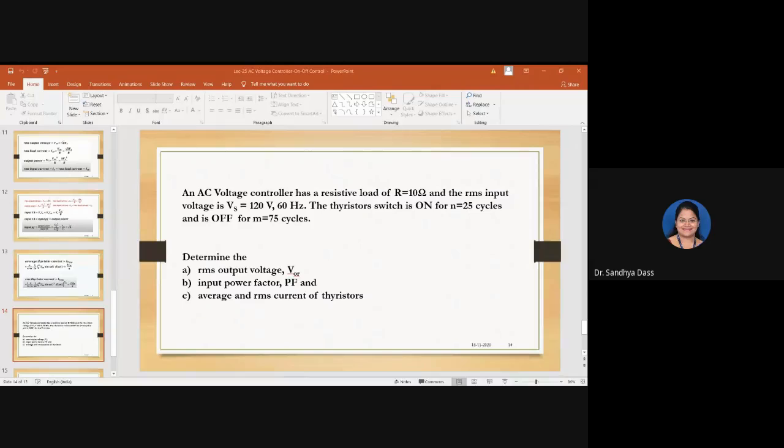So how do you start? What are the things given? R is given as 10 ohms. Vs is given as 120 volts. So what do you calculate there? What do you need in your expressions? You need Vm, right? How do you calculate Vm from Vs?